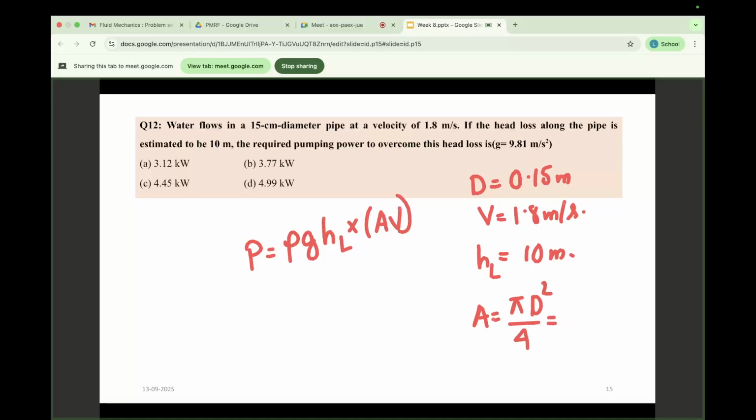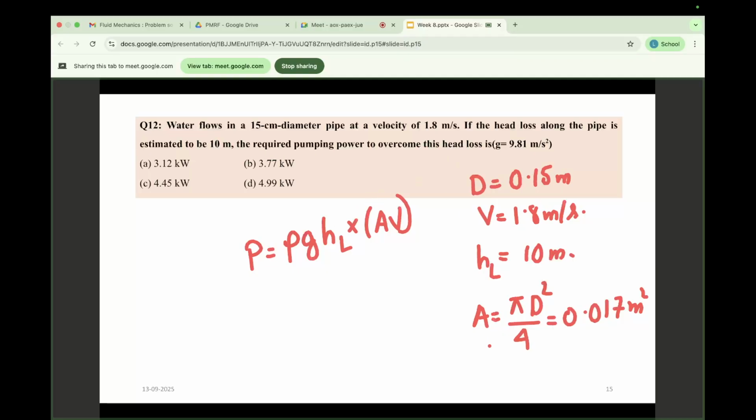Let me calculate this one. 3.1... So what I will get is 0.017 meter square. I got A, I got V, I got HL.